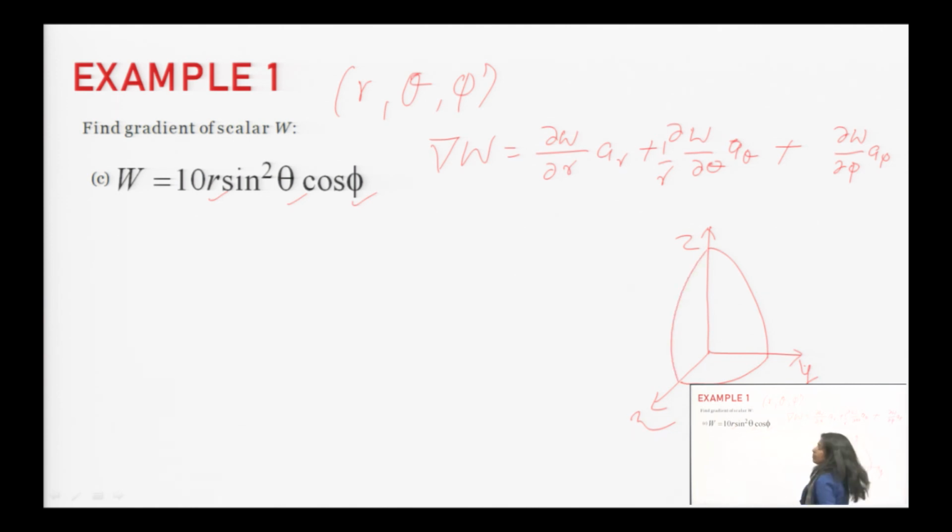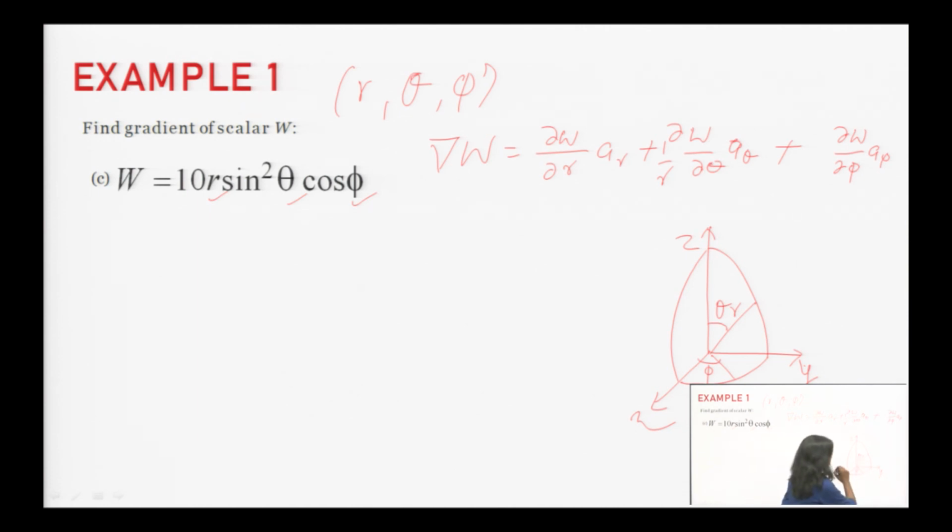This is the sphere where r is the radius, and theta is the polar angle, or you can say the vertical angle, and phi is the azimuthal angle or horizontal angle.